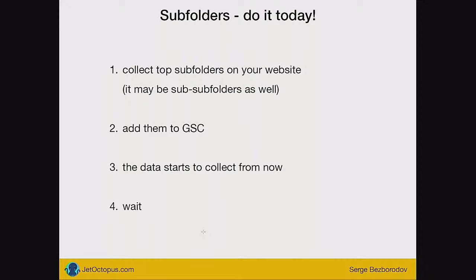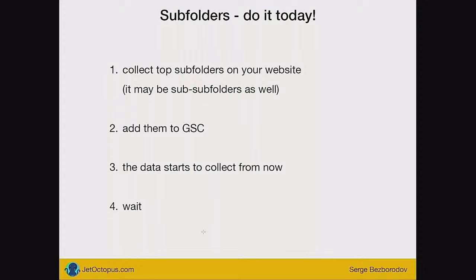The pro of this way is that it's very easy to do. Guys with laptops, just open Google Search Console right now, click add property, and you know your top subfolders, your top categories like blog, shop, whatever you have on your particular website. Simply copy it from your browser URL address and add it as a URL prefix in Google Search Console.